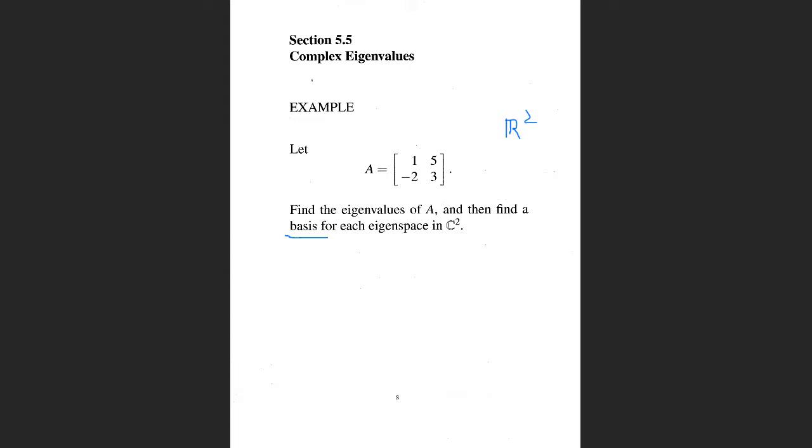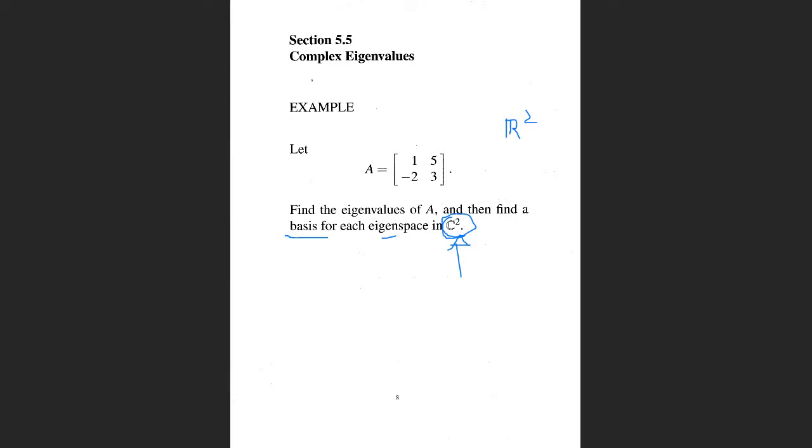But because the eigenvectors are going to be complex, we say the eigenspaces are going to be in two-dimensional complex space. And that's how we denote that for two-dimensional complex space.